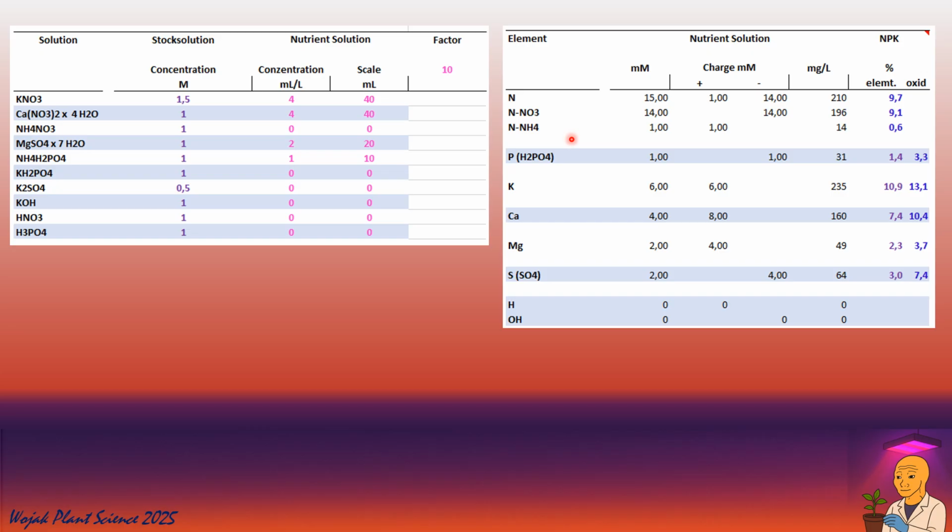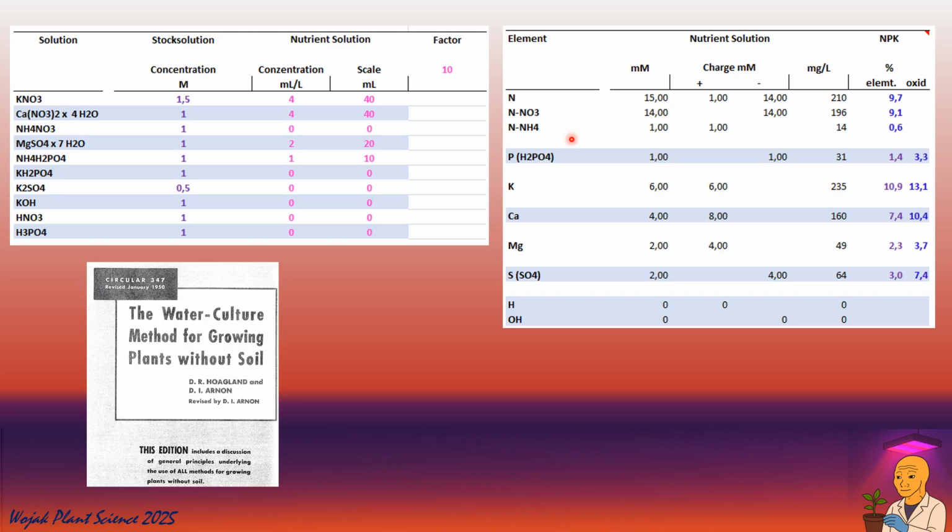And what you see here is part of the very famous Hoagland solution. This is a screenshot of the front cover of that publication. It's relatively old. It was a significant piece of hydroponic cultivation, and it's still used today because the basics of what plants take up do not really change.